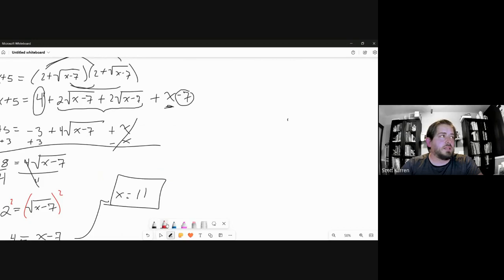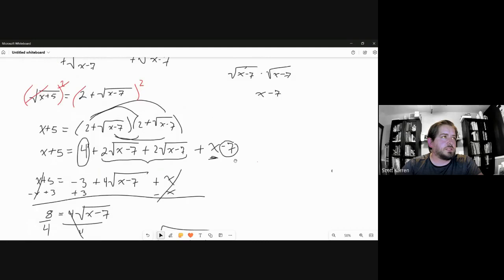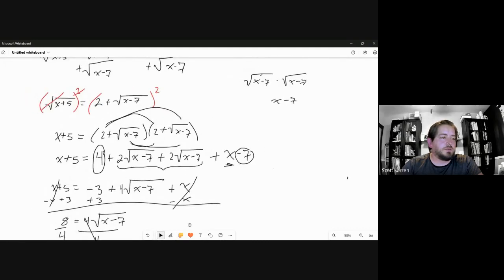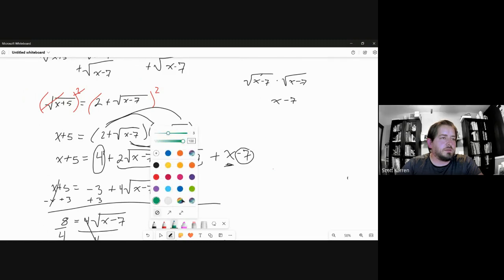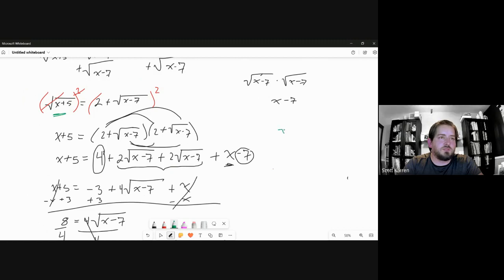So let's plug it in to the, where was the original equation? Up here. Let me get like a green or something here. So I'm going to plug it into this square root of x plus 5.